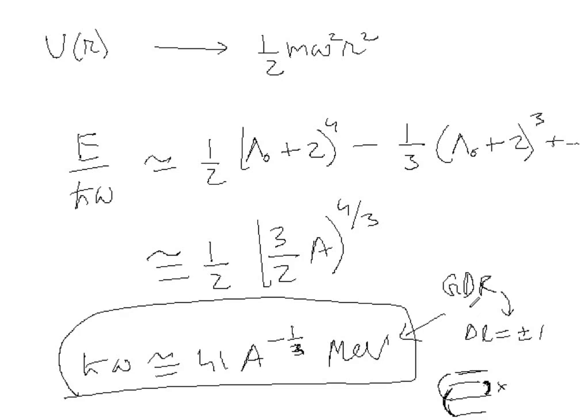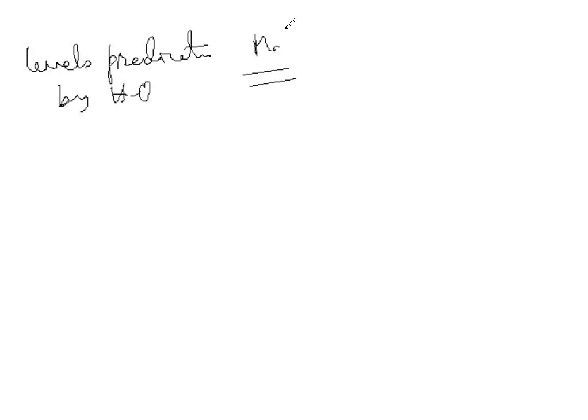Fine. Now, after doing so much mathematics, you must be wondering, so what was our goal basically? Well, our goal was to see whether the levels predicted by the harmonic oscillator match, and how much they match, with experiments.